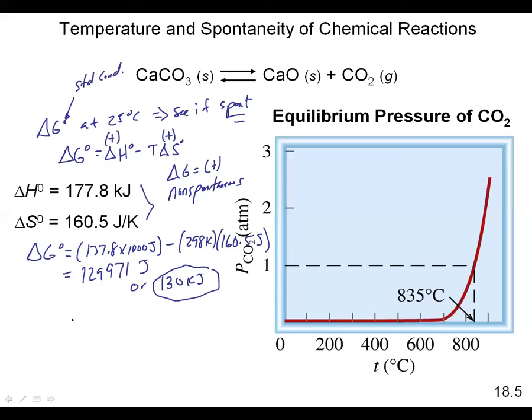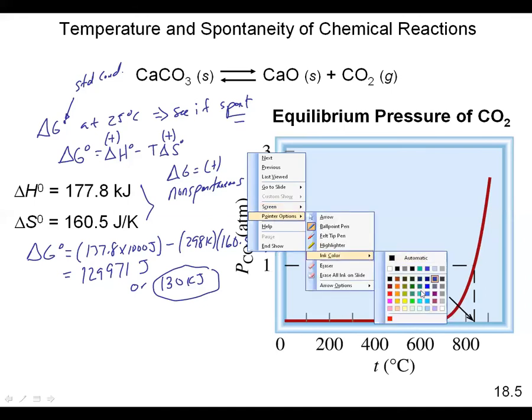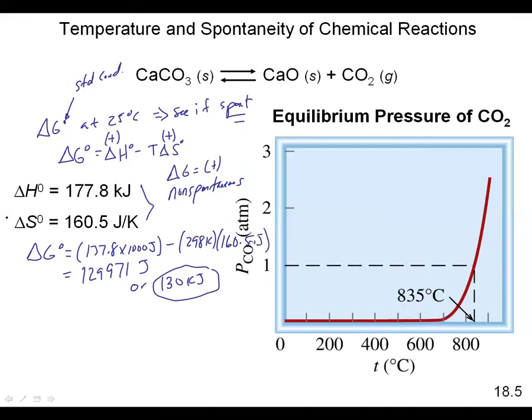Now, the nice thing about this equation is if you do discover, for example, like we just did here, that at 25 degrees Celsius this reaction is non-spontaneous, you could also use this formula to figure out at what temperature it would become spontaneous.